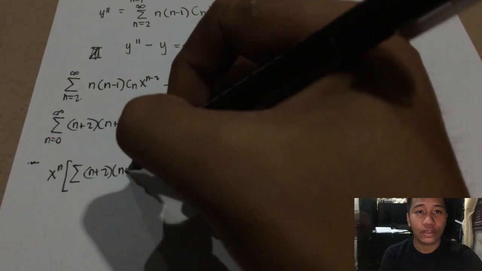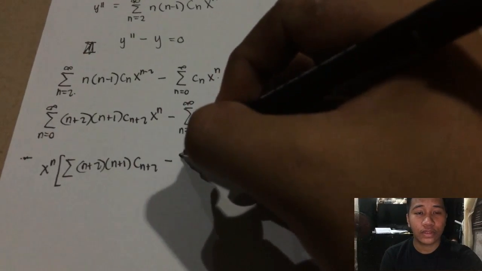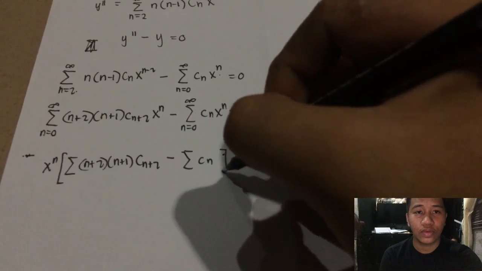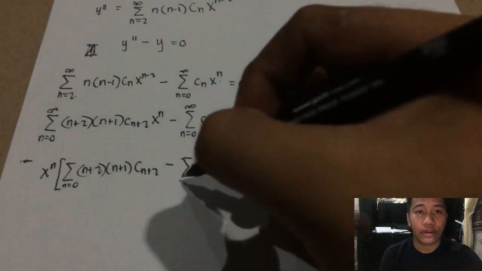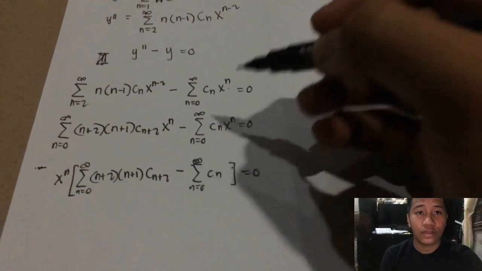So x raised to n times the summation of n plus 2 times n plus 1 c sub n plus 2 minus c sub n, with n from 0 to infinity, equals 0. Sorry, I forgot to factor out this summation also. Since x raised to n is not equal to 0, n plus 2 times n plus 1 c sub n plus 2 minus c sub n equals 0.